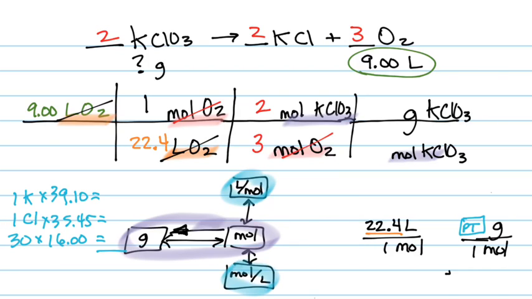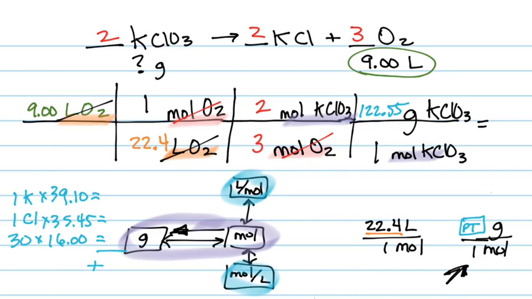Do your math there, add it all up, and your final mass for these should be 122.55 grams of KClO3, and that is per 1 mole because that's where the 1 is understood. It's based on the definition for molar mass.